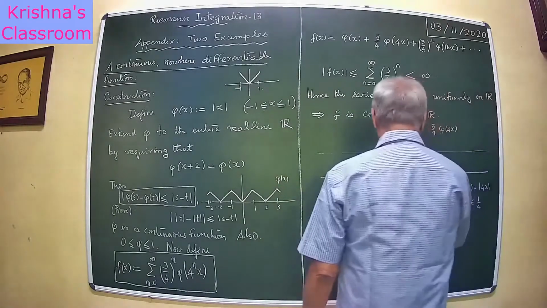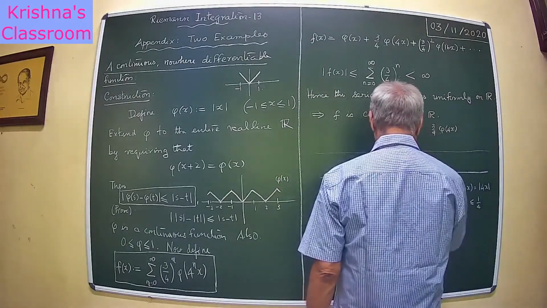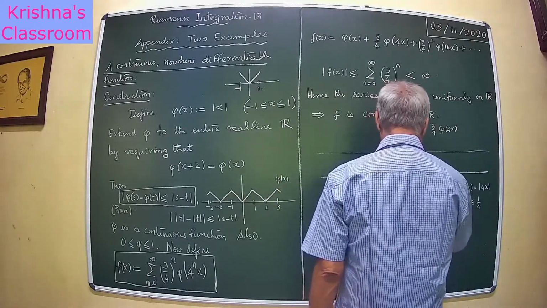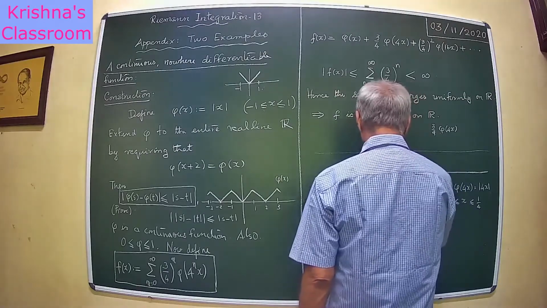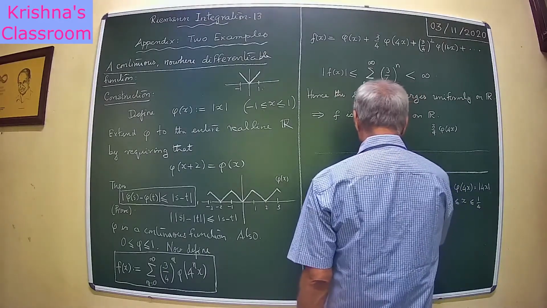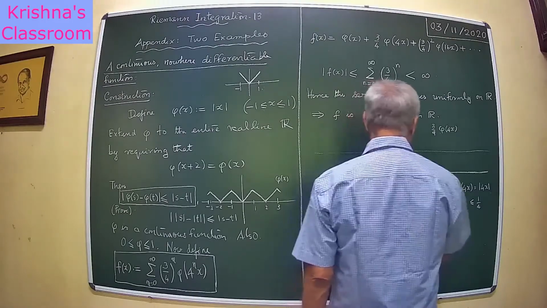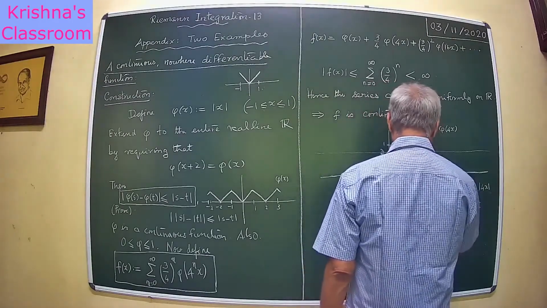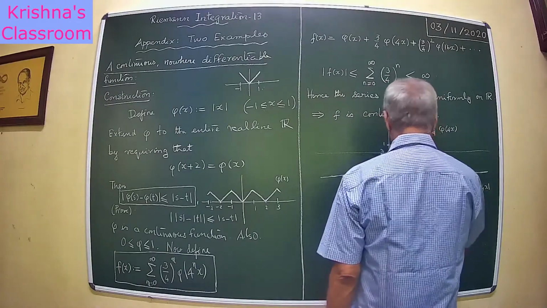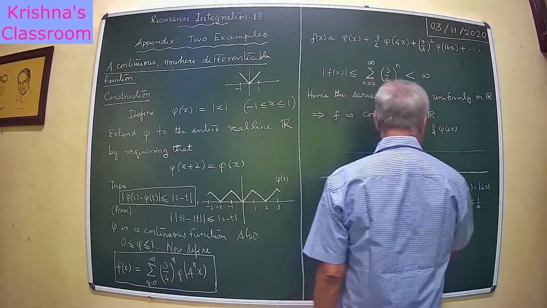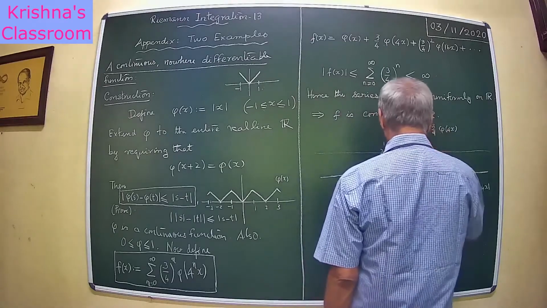So we have 1 by 2, minus 1 by 2, then 3 by 4, then 1, 1. So let's see how this function looks.